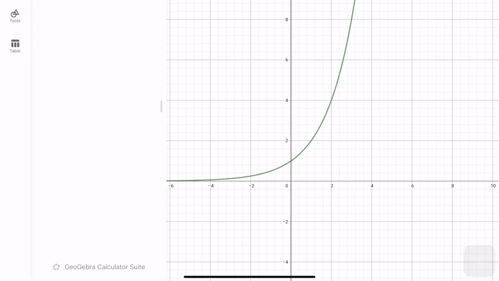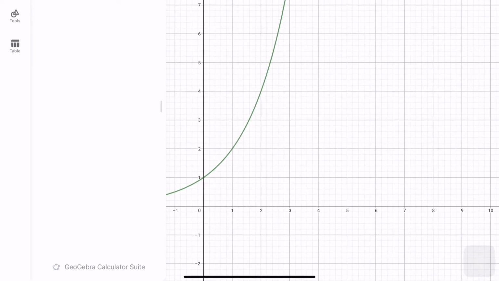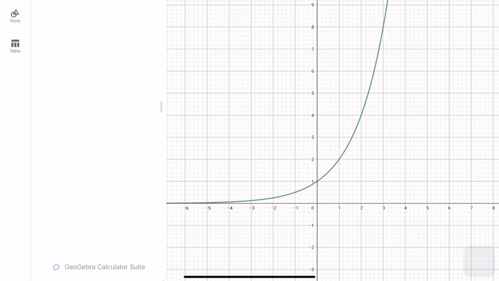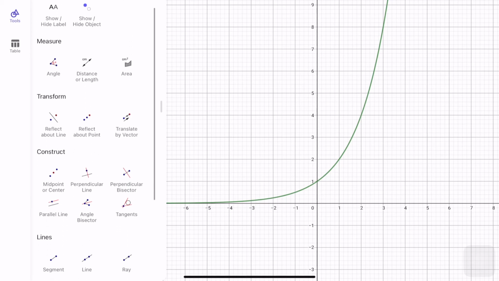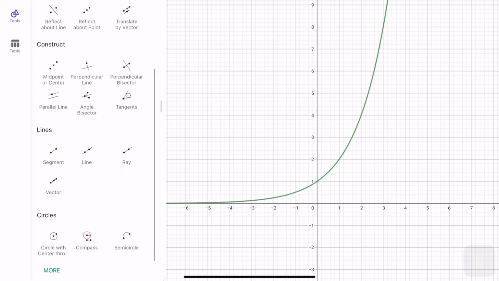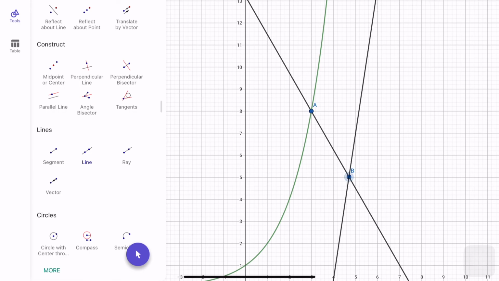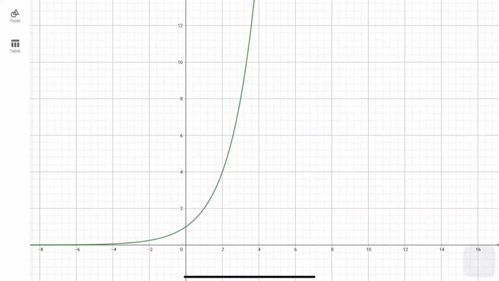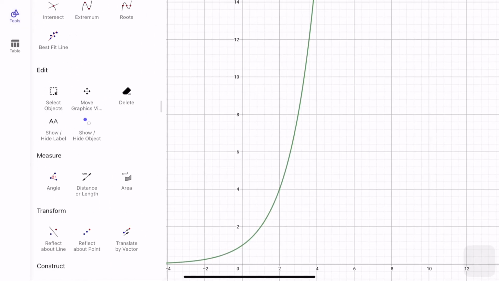So here it is, 2 to the power of x, and here is the graph. Let me put a line between 3 and 4.